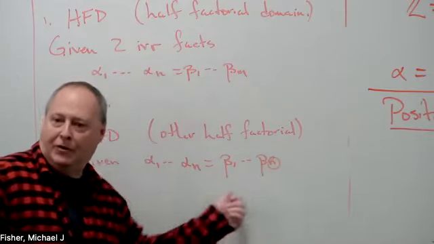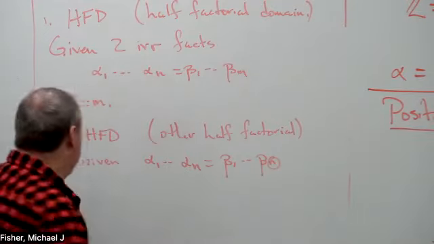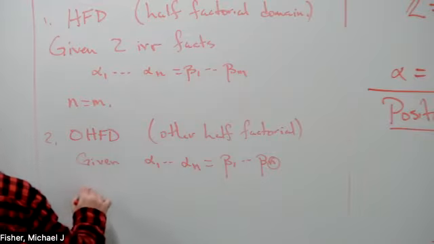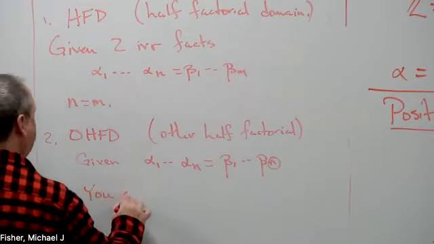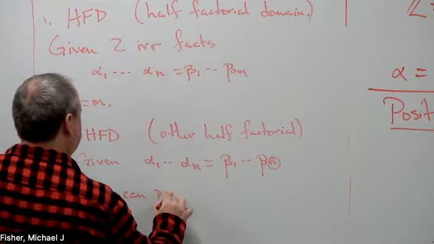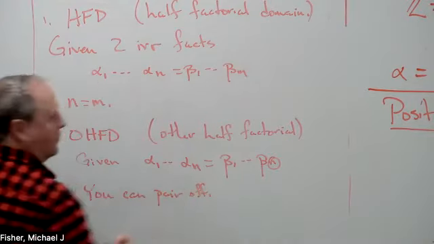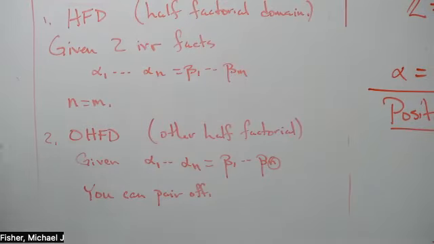Notice now I'm assuming the lengths are already the same. Then you can pair off. So other half. What that terminology means is if two factorizations have the same length and are equal, they're the same, right? So we got two different concepts going on, sort of this half and that half.